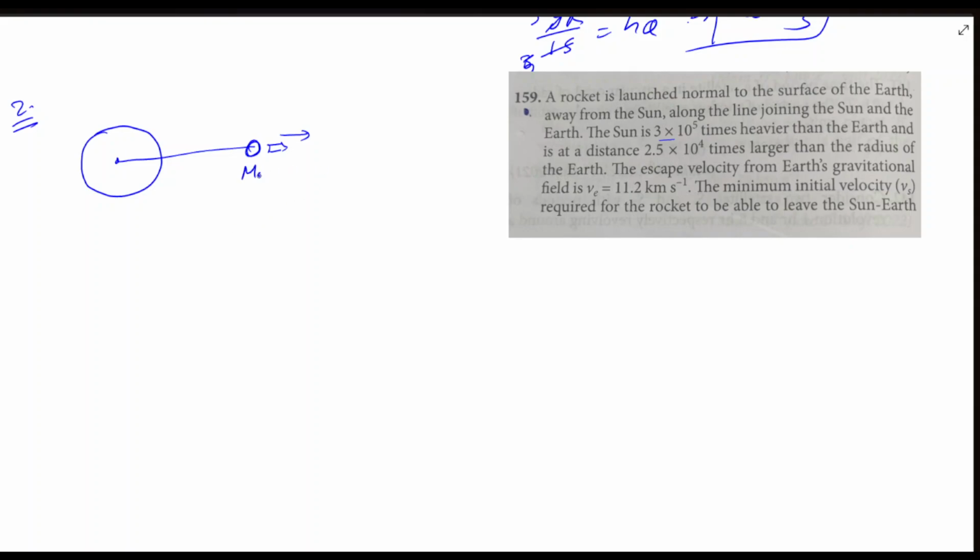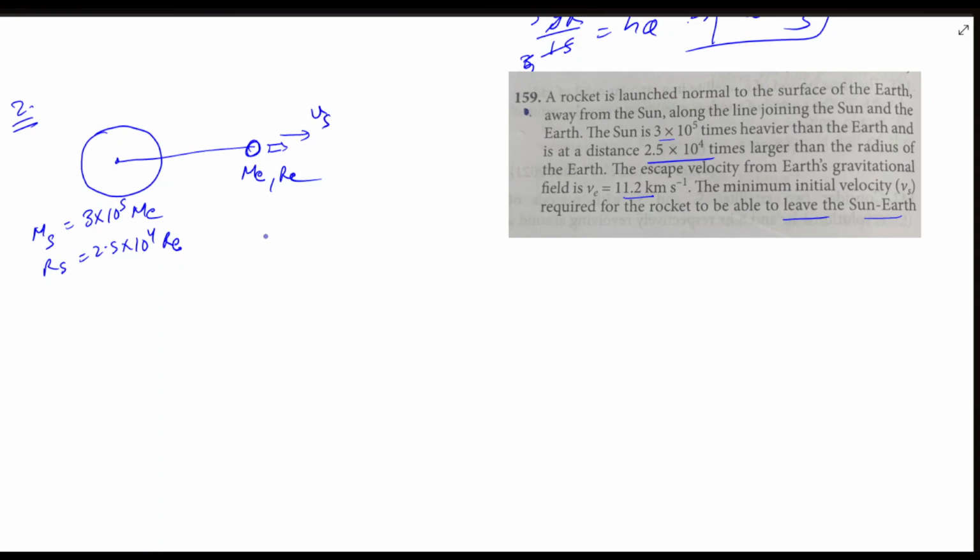So if this is the mass of Earth, we'll write the mass of the sun as 3 into 10 to the power 5 times the mass of Earth, and the radius of the sun is 2.5 into 10 to the power 4 times the radius of Earth, right? The escape velocity from the Earth's gravitational field is 11.2. We need the minimum velocity required for this rocket to leave the sun and the Earth system.